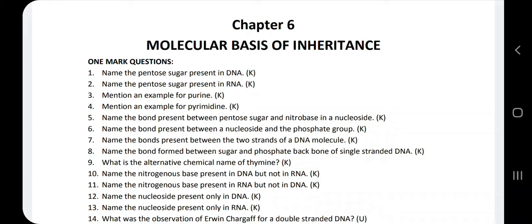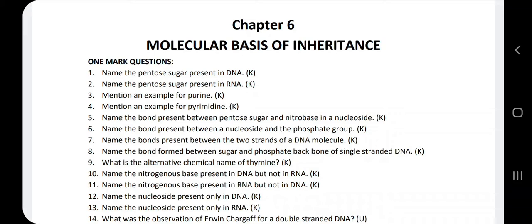In the RNA also there are two purines and two pyrimidines. But the pyrimidine that is present in the DNA is absent in the case of RNA. Instead of that absent pyrimidine, it will be replaced by one more pyrimidine.